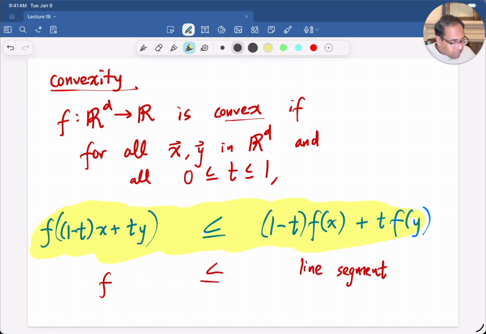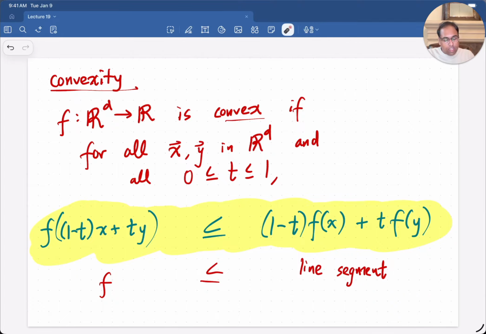Now, I should have fixed one thing before highlighting, which is that I'm claiming that this is the definition for vector to scalar functions, but in here everything is a scalar. The things that need to be vectors are x and y. There we go.